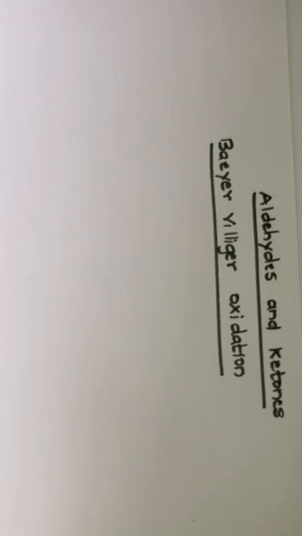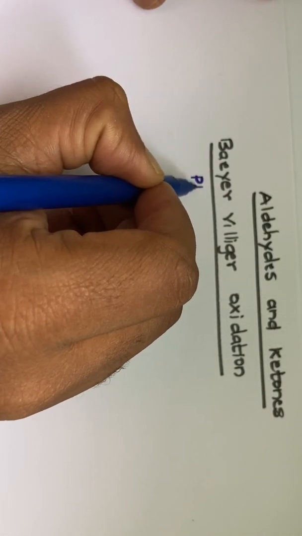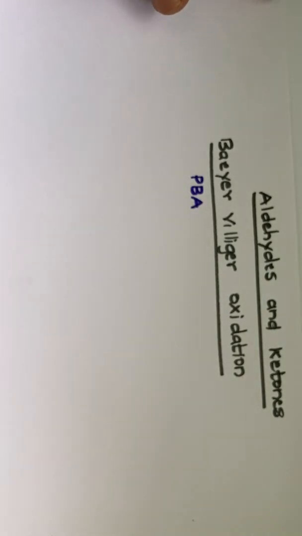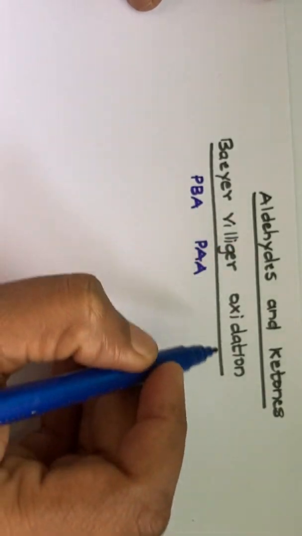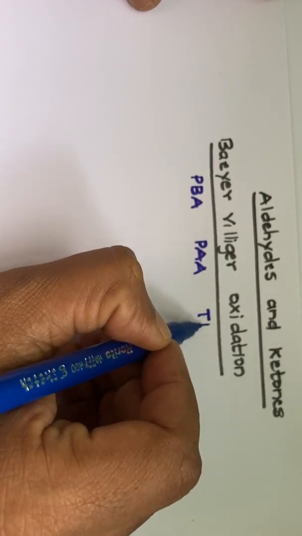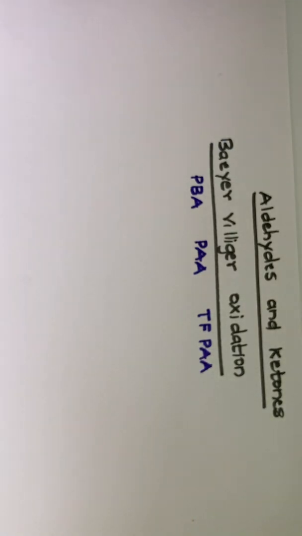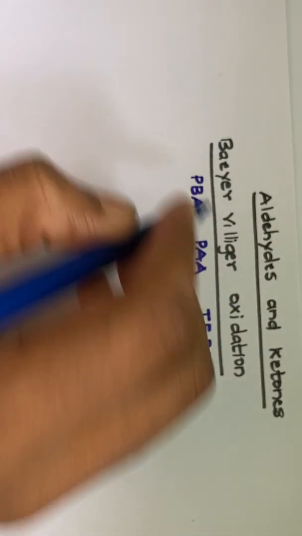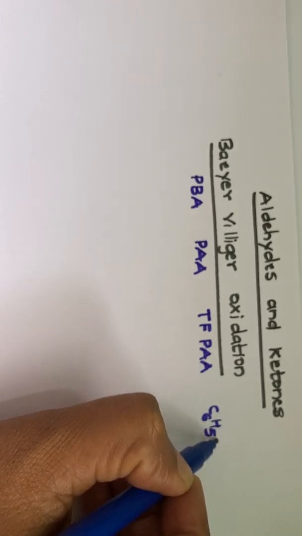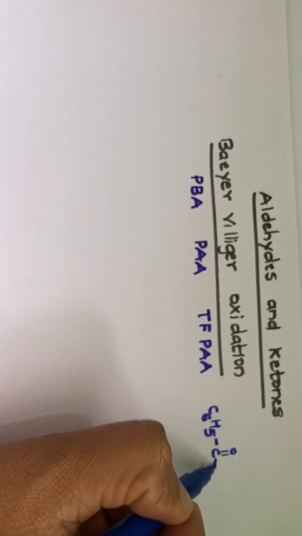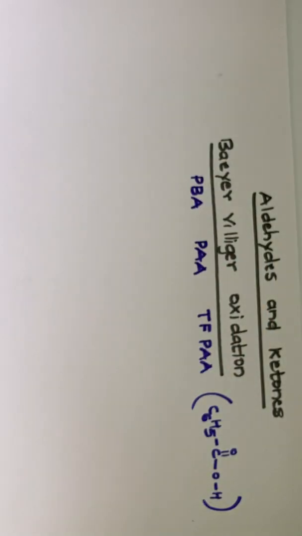So commonly used peroxyacids are perbenzoic acid, peracetic acid, trifluoroperacetic acid. Hope you know what this perbenzoic acid is. See, this is benzoic acid, normal benzoic acid.